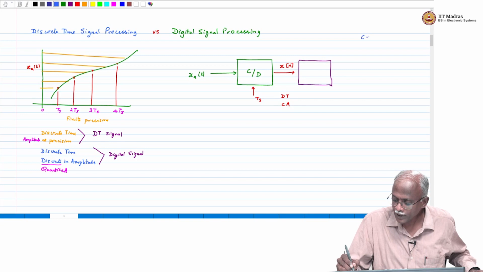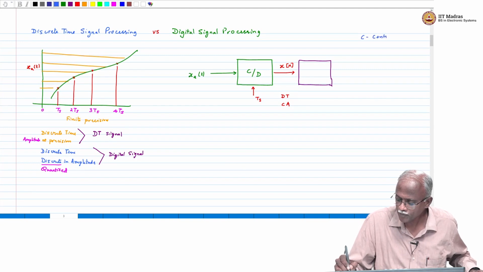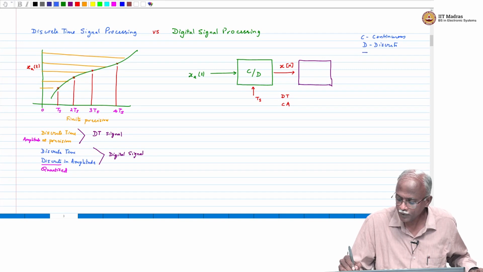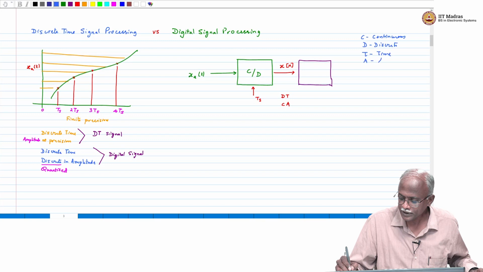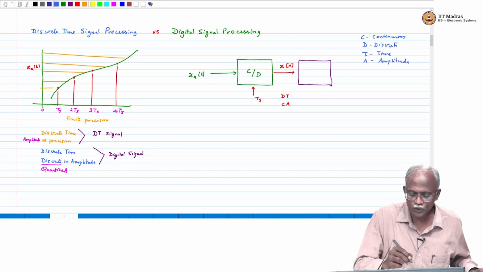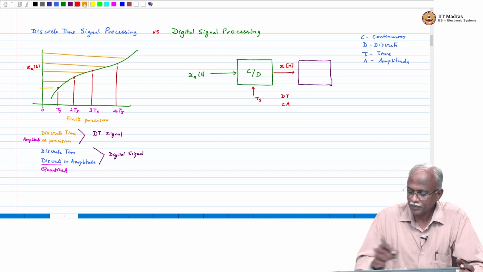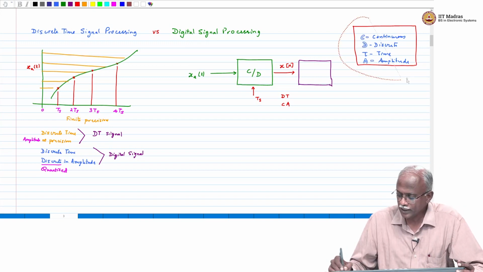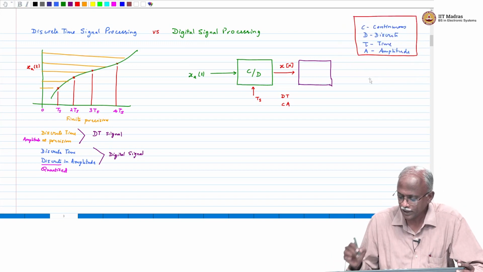C will represent continuous, D will represent discrete, T will represent time, and A will represent amplitude. Let me keep this as a box that you can refer to, to understand the notation that we are introducing.